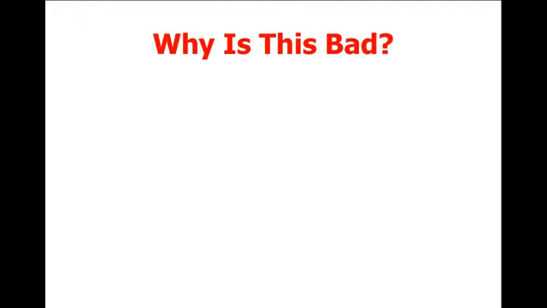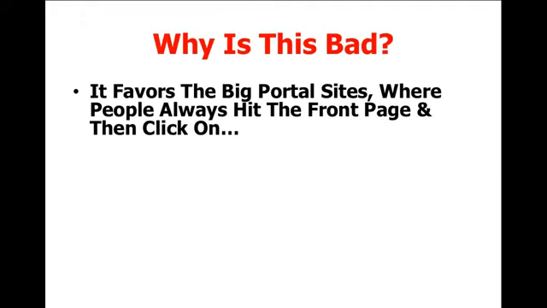Now why is this bad? Well, it's bad because it favors the big portal sites, where people always hit the front page and then click onto something. The best example I can give is a newspaper. If you go to the New York Times, you usually go to the front page, you click on whatever article you want to read, and that tells Google that you're active on the site.